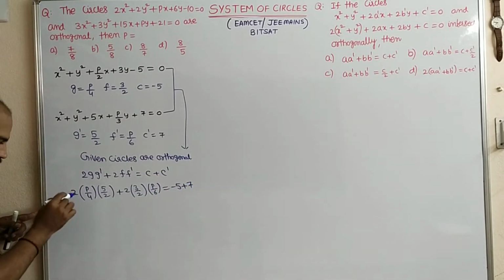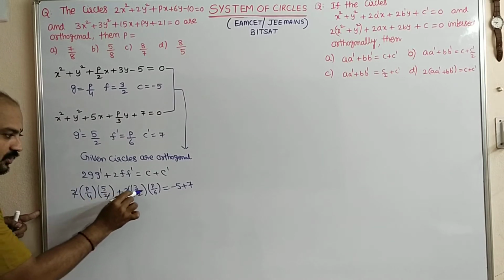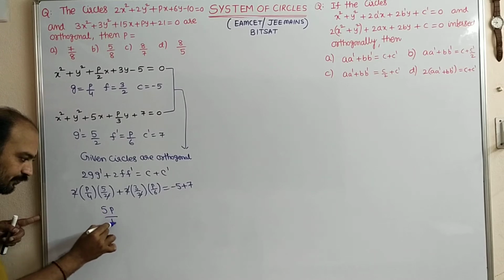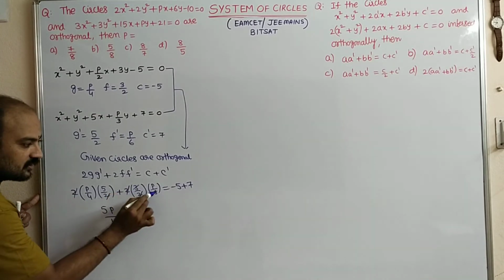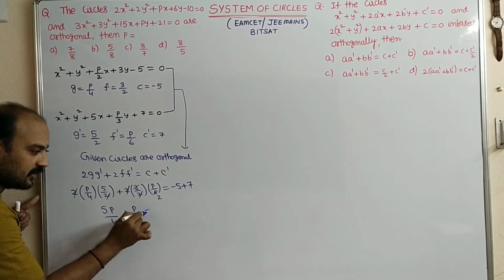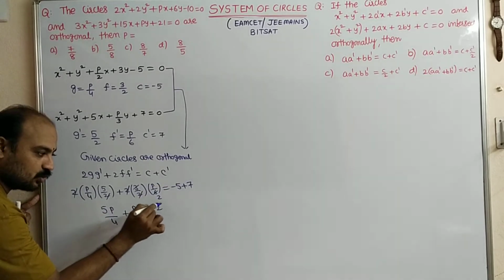So here the 2s get cancelled and we get 5p by 4, plus p by 2 is equal to 7 minus 5, which is 2.